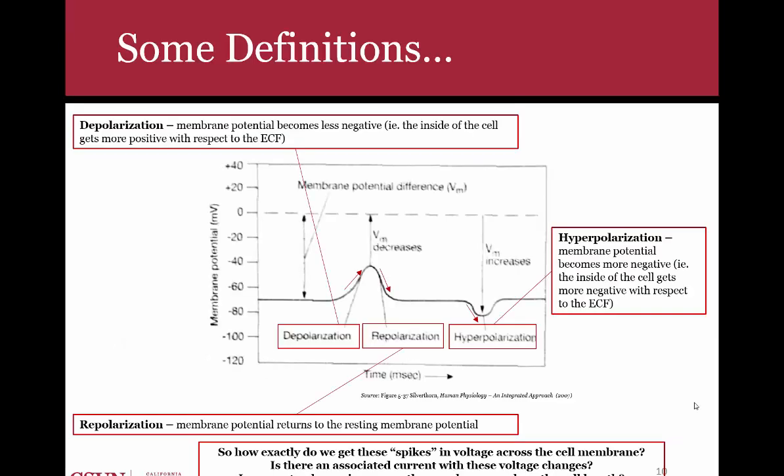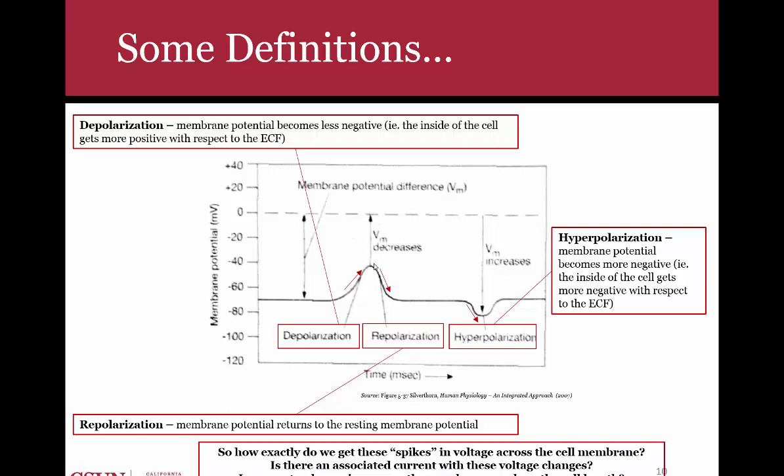Before I get to what an action potential is, I want to define some things here. Let's say you have your resting membrane voltage across your cell, and again it's negative 70 for our generic cell. That's just the voltage difference from 0. The process of becoming less negative is called depolarization. In that case, you're decreasing the membrane voltage, making it less negative.